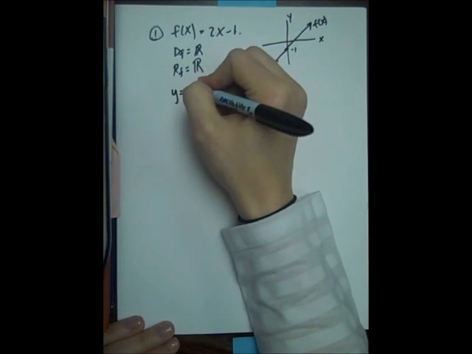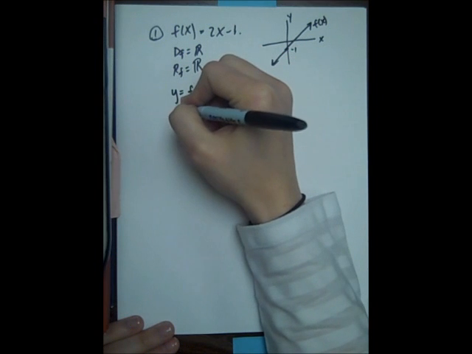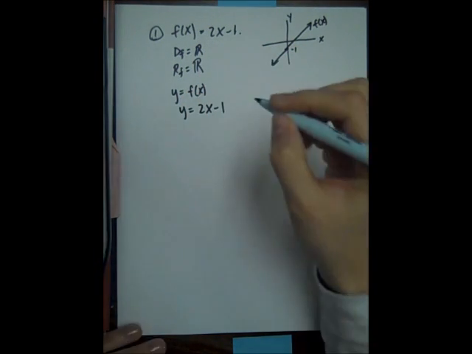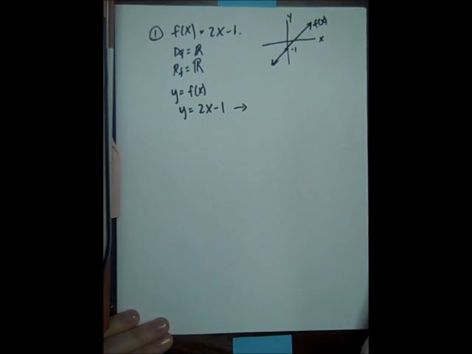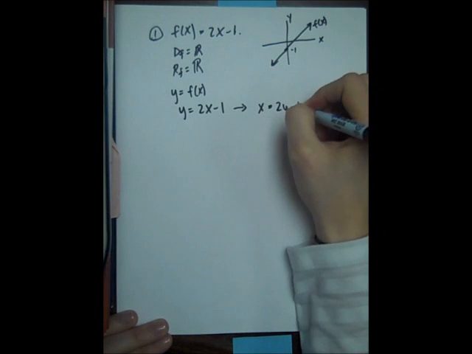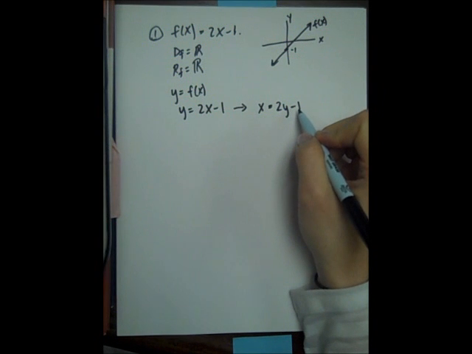First step, I should say second step on that list. Let's set y equal to f of x. So y is 2x minus 1. Next, switch your x's and y's. So I'll get x is 2y minus 1. Now I solve for y. This is again going to be kind of the hardest part.